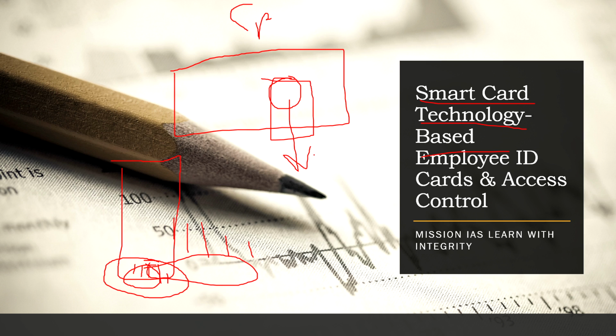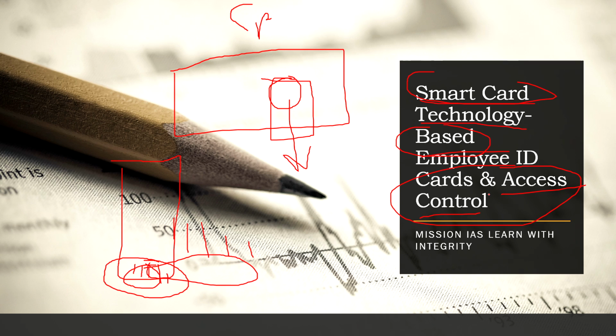which is very important. We will be learning what a microchip contains, and we will have a clear discussion in the form of case studies on how this chip is simulated with different sets of information. These things are of prior importance whenever we discuss a smart card technology based employment ID, which is also an access control device, right?